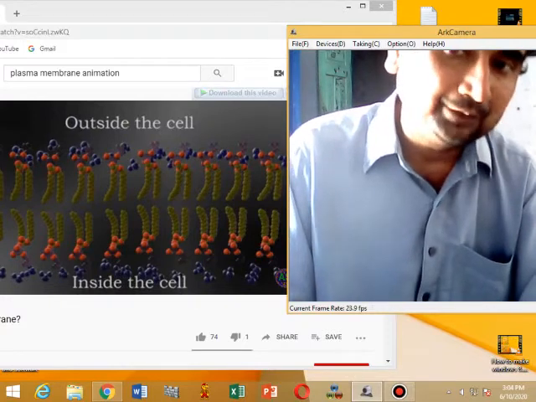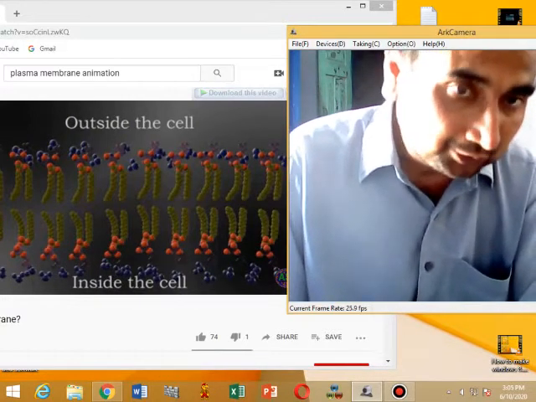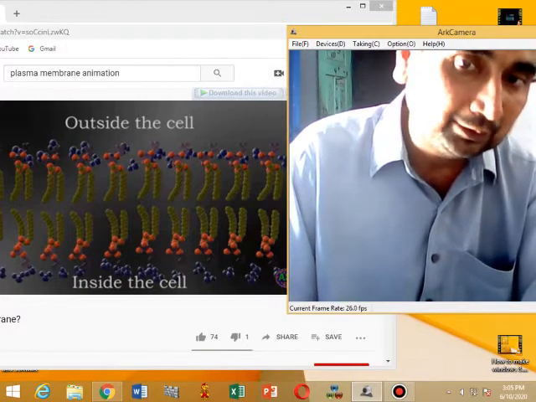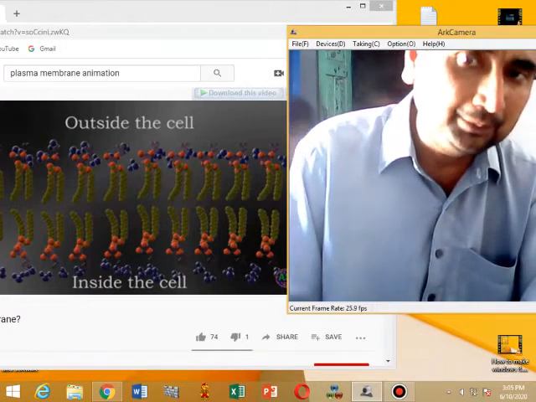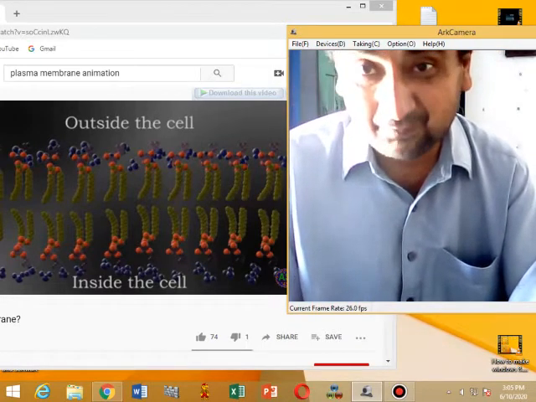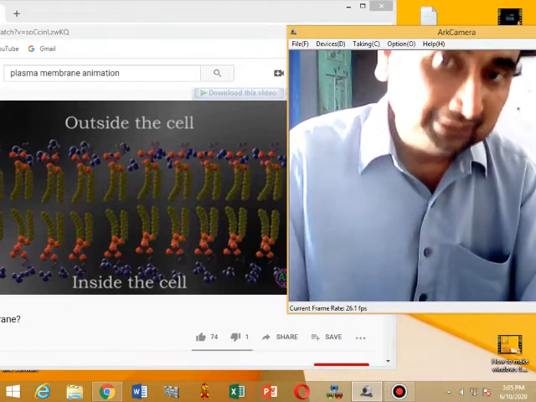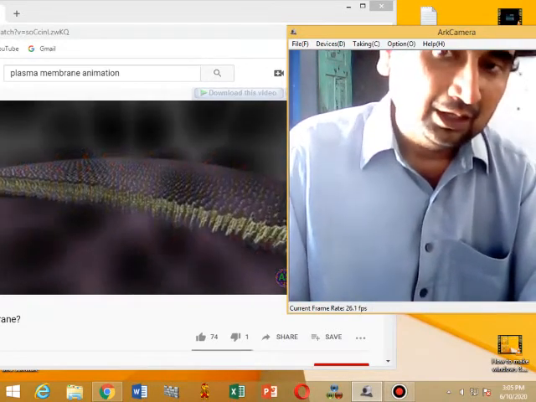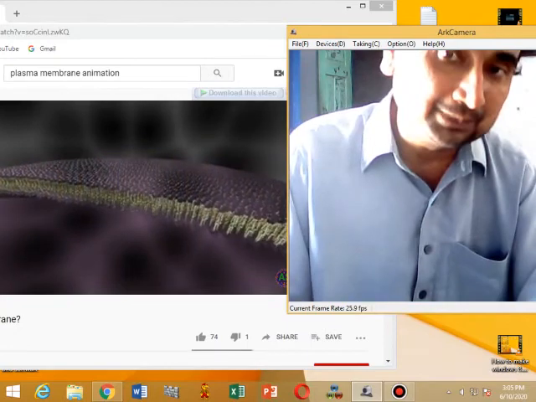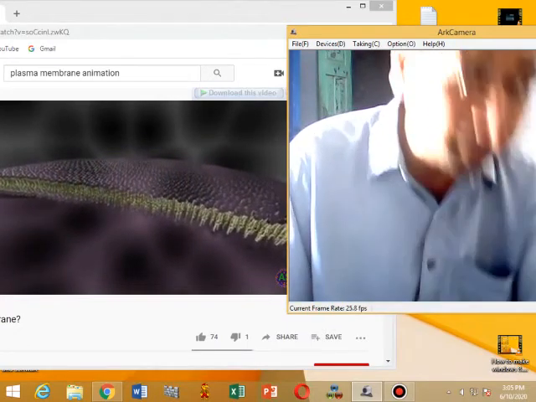Now, the question: what is the structure of the plasma membrane? Many biologists, such as Overton and many others, contributed to understanding the structure of the plasma membrane. The first model proposed was the unit membrane system.